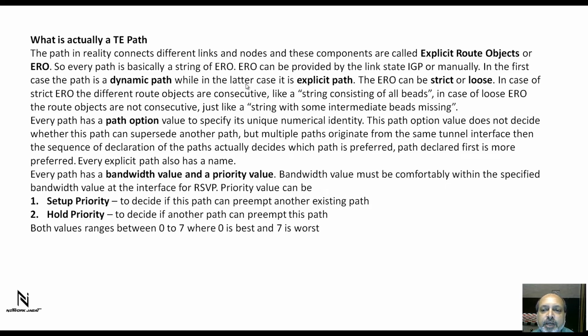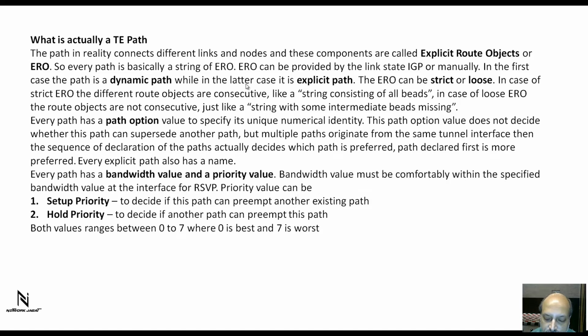The ERO can be strict or loose. In case of a strict ERO, the different route objects are consecutive, like a string consisting of all the beads. In case of loose ERO, the route objects are not consecutive, just like a string with some intermediate beads missing.